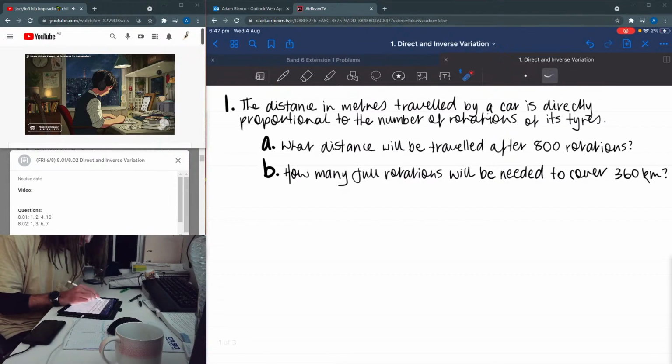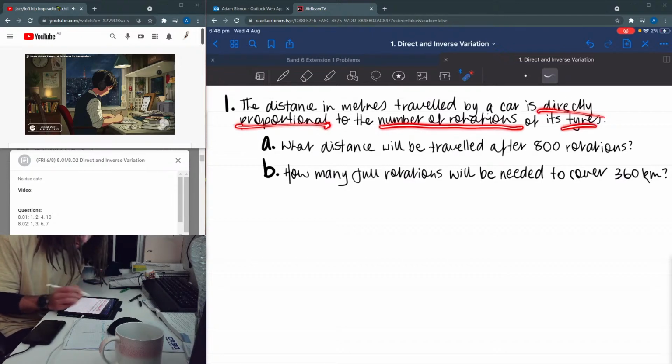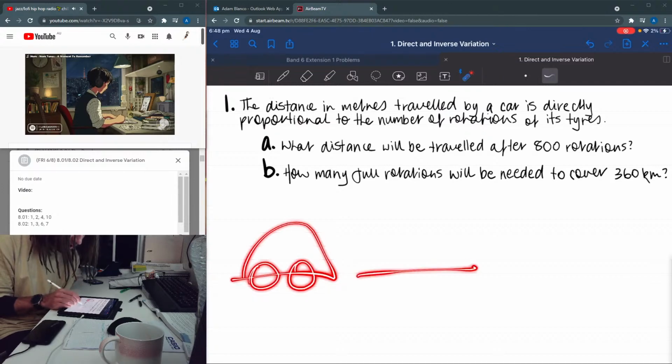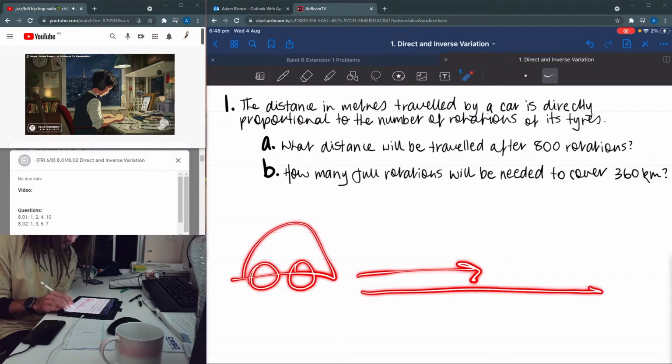The distance in meters traveled by a car is directly proportional to the number of rotations of its tires. There's a lot to unpack there, but basically as a car drives, the further it travels, the more the tires are going to rotate, which makes sense.